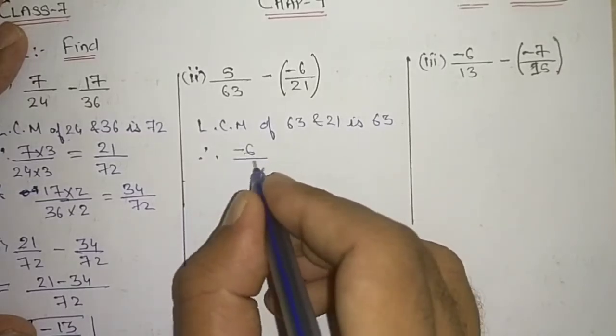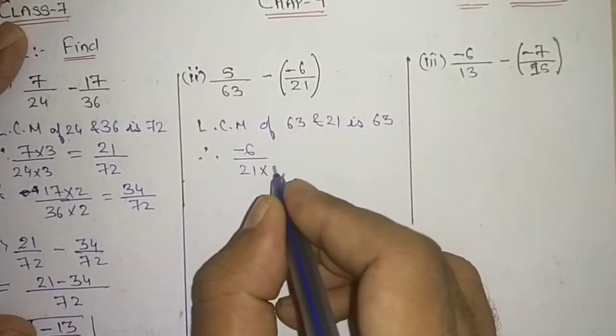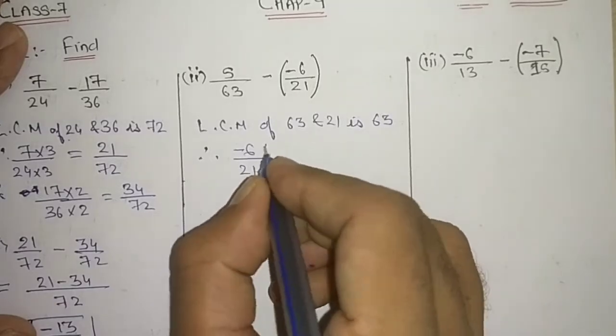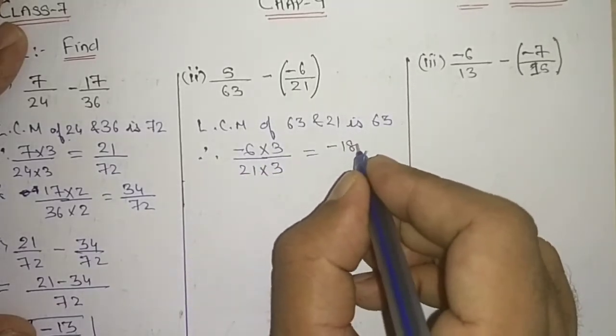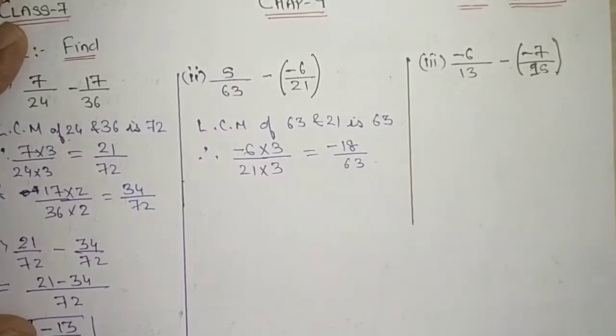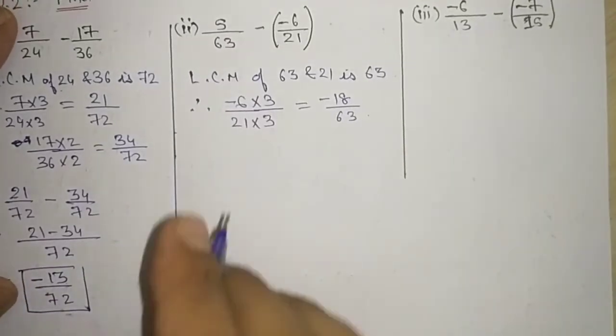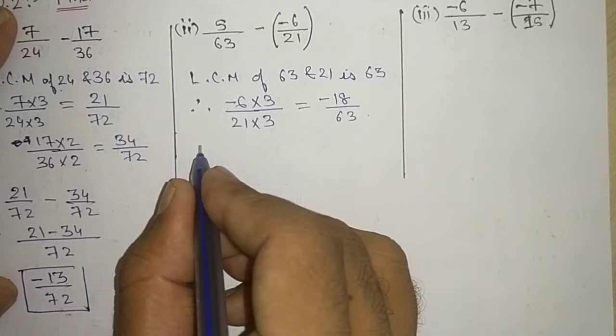So I will write minus 6 by 21; to make it 63, I will multiply it by 3, so the numerator also by 3. So I will get minus 18 by 63. Now we will subtract both of them.